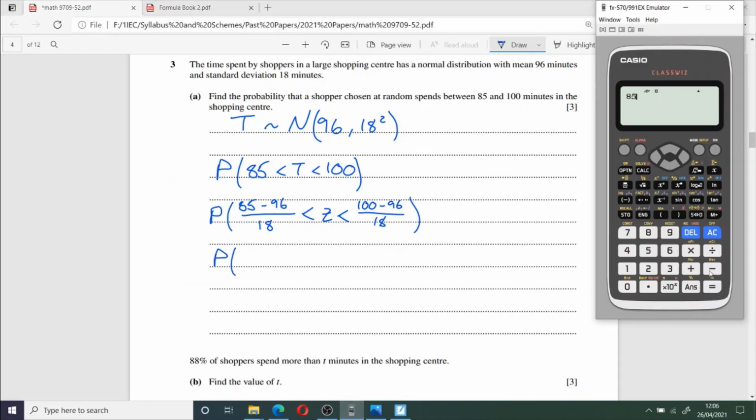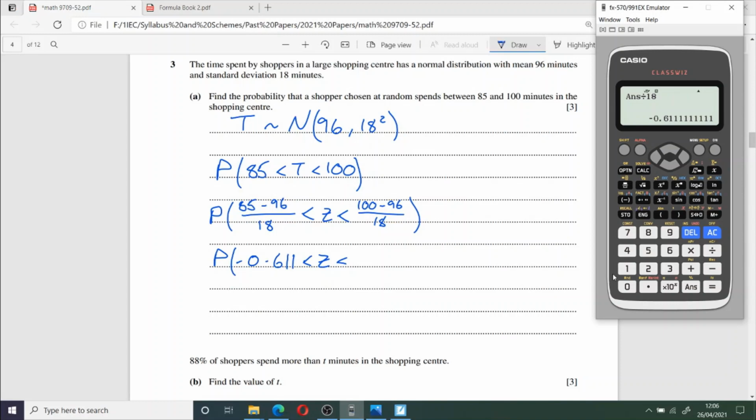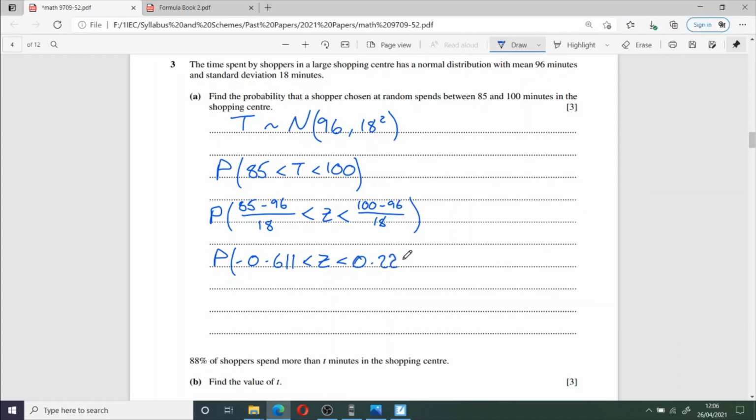So 85 subtract 96 divided by 18, and we get minus 0.611. And 100 take away 96, which is 4 divided by 18, which is 0.222.